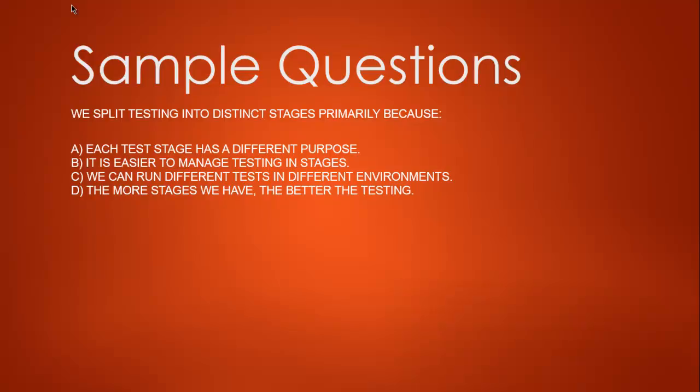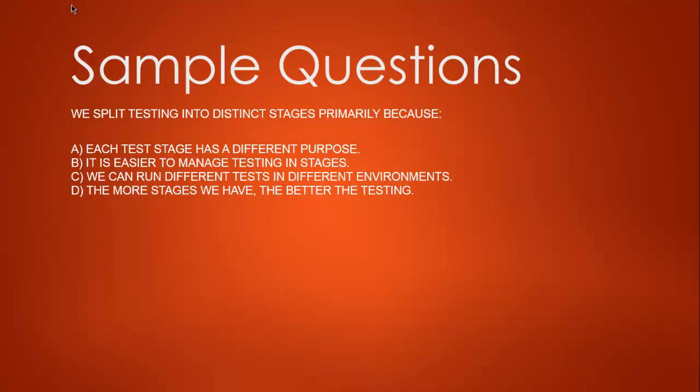Let's start from option A. Each test has different purpose, which is true. Now let's go to option B. It is easier to manage testing in stages. That is again close to true, however not exactly, because we can also simultaneously test as we develop in different types of development models.